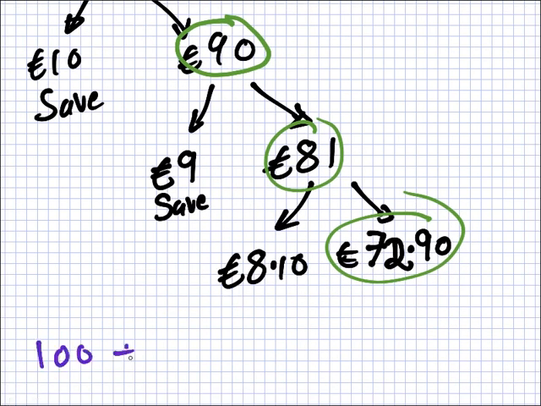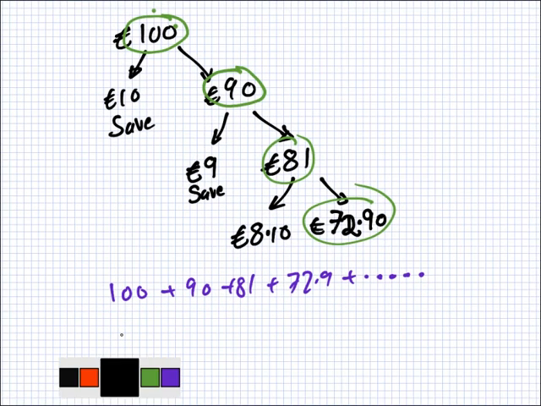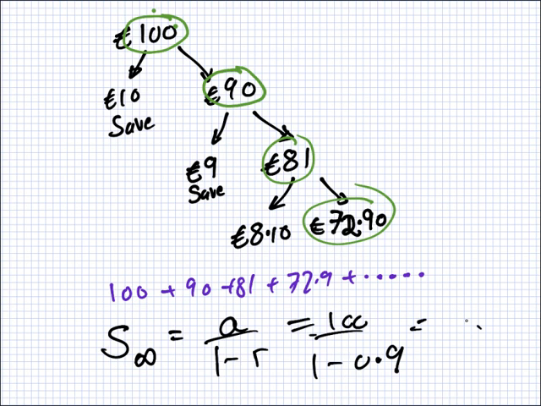Well, that's 100 plus 90 plus 81 plus 72.90, and this continues. So what type of problem is this now? S infinity. What does this equal? A over 1 minus r. That's 100 over 1 minus 0.9, which is €1,000.